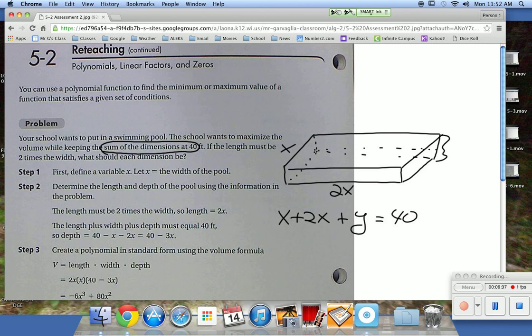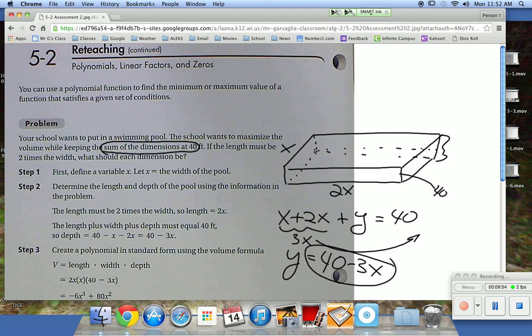Sum has to equal. So what we could do is we could sum these up. This is 3x here, and bring it to the other side. So y would equal 40 minus 3x. This here is 40 minus 3x. You see where they came up with that?